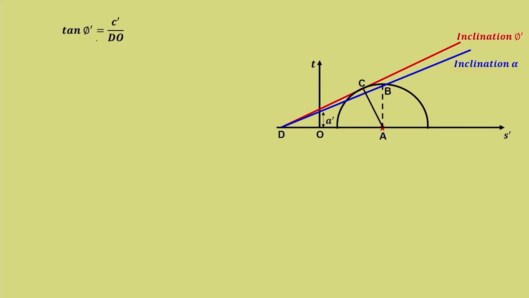Now, we also know tan phi dash is equal to C dash by DO, considering the red line, the intercept C dash divided by DO. If I write tan alpha by tan phi dash, where tan alpha is equal to A dash by DO, we can write A dash by C dash. So, tan alpha by tan phi dash is equal to A dash by C dash, from which we can write, how will we get this?